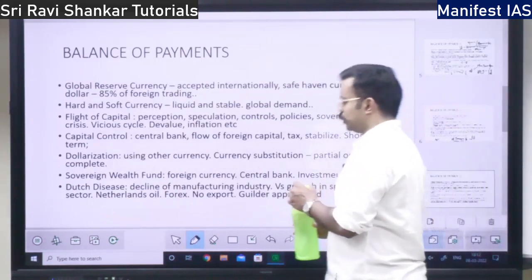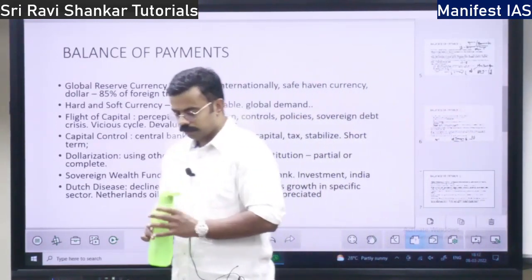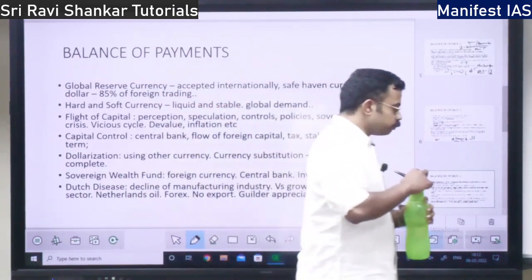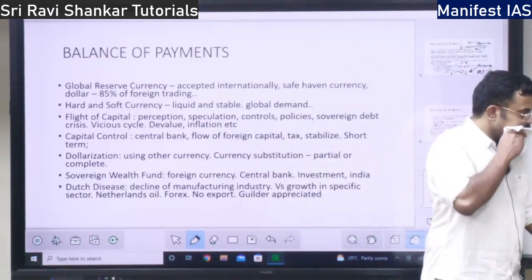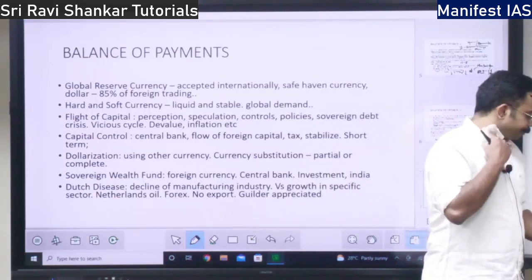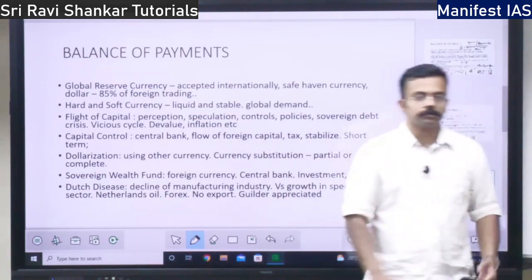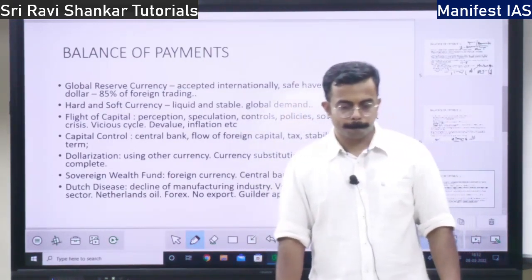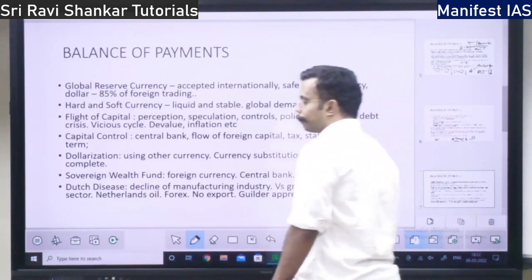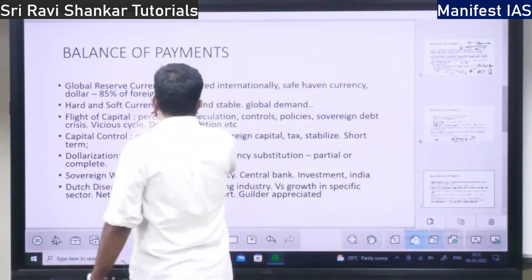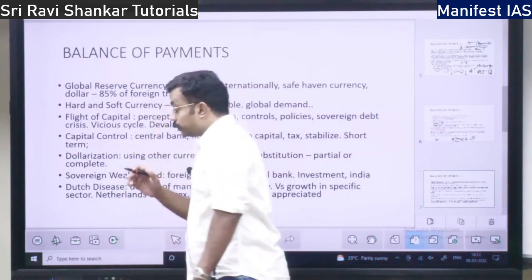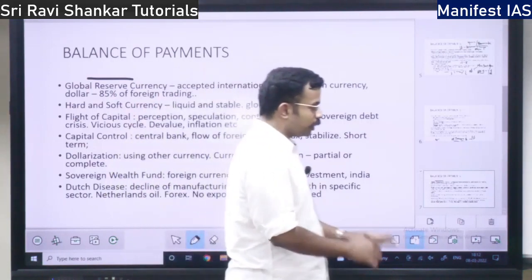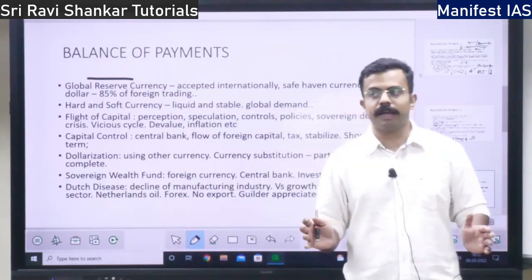Next, we have global reserve currency. What is global reserve currency? Just decode this word: one is global, the next is reserve currency. Around the world, what currency is held as a reserve by various countries?